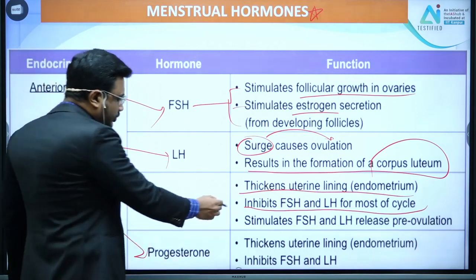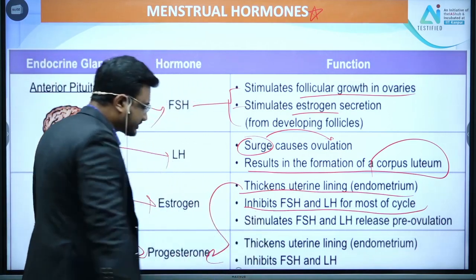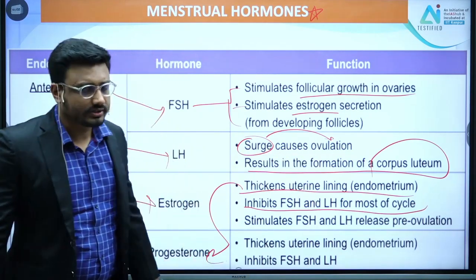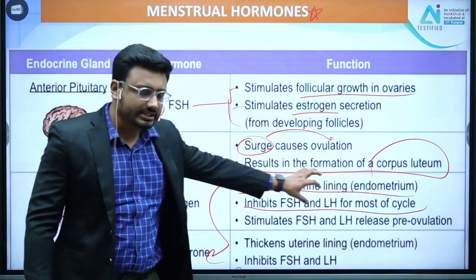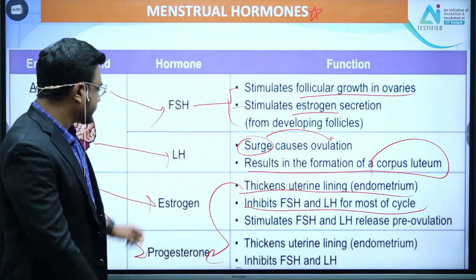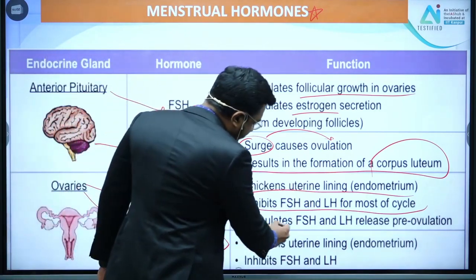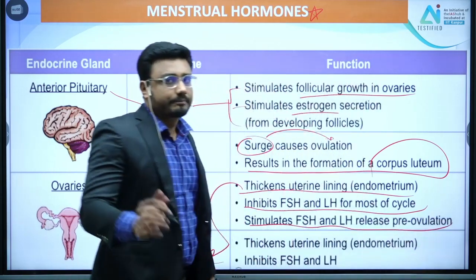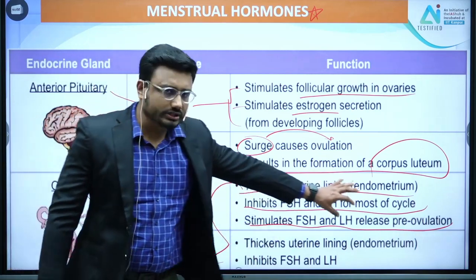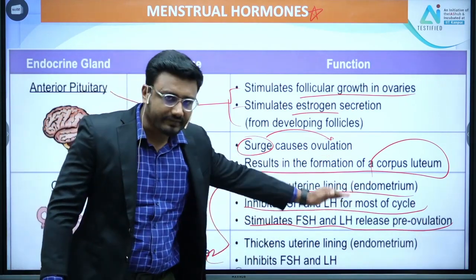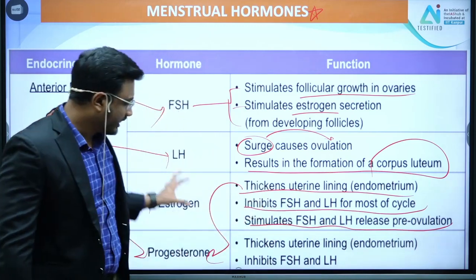The same two roles apply to progesterone also: it helps in the thickening of the uterine lining, also known as the endometrium, and inhibits the FSH and LH for most of the cycle. Estrogen is also involved in stimulating the FSH and LH before ovulation.